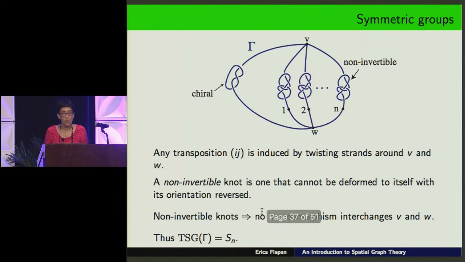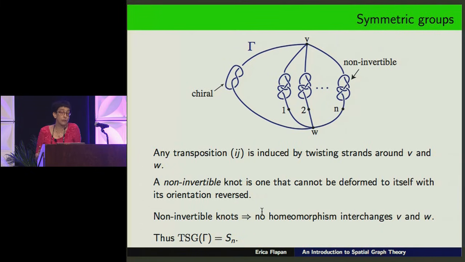So that's good. Check, got all my finite abelian groups. What else can I get? Well, I can actually get all symmetric groups. So here's a graph where I've put this chiral knot because I don't want to think about reflections. And I've also put this knot, the 8_17 knot, which is non-invertible, which means that it can't be deformed to itself flipped upside down with its orientation reversed, which means we can't interchange vertex V and vertex W. So the only thing we can do is interchange these n vertices with their edges along.